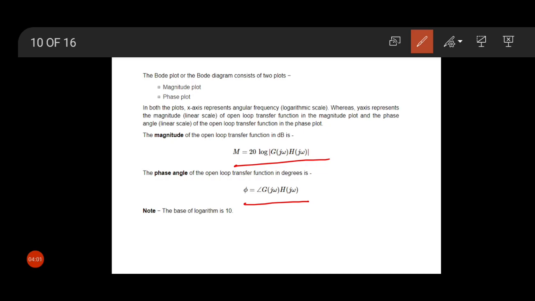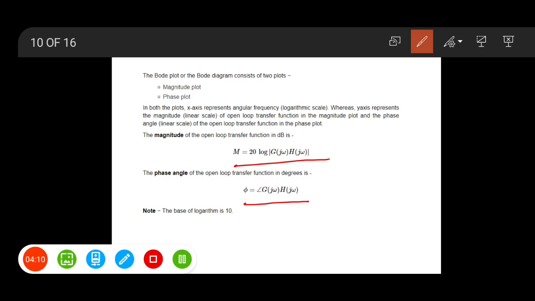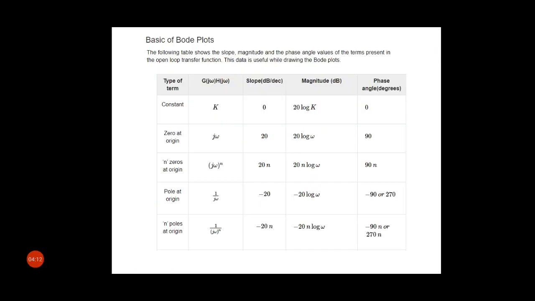Now we are going to discuss the different parts of the Bode plot. See here, the following table shows the slope, magnitude and the phase angle values of the terms present in the open loop transfer function.